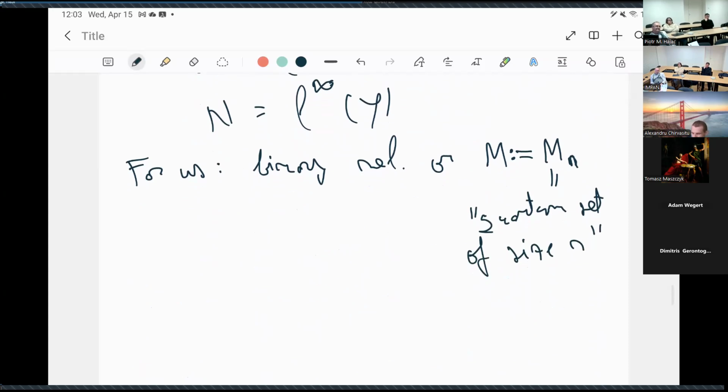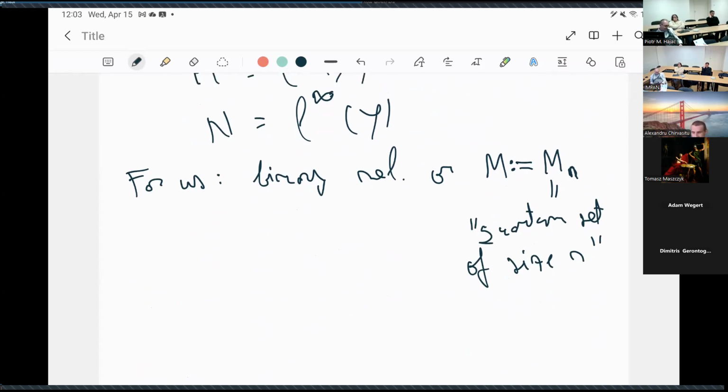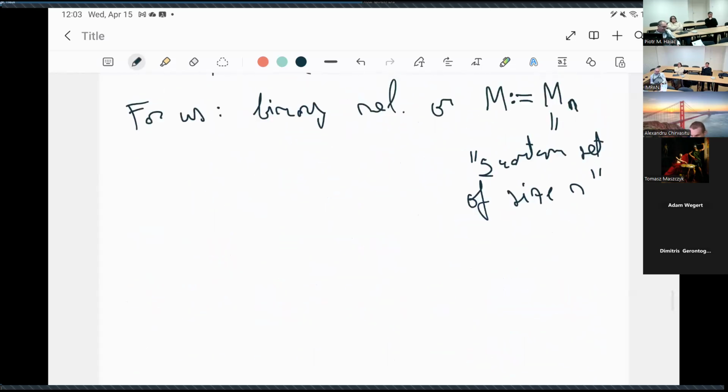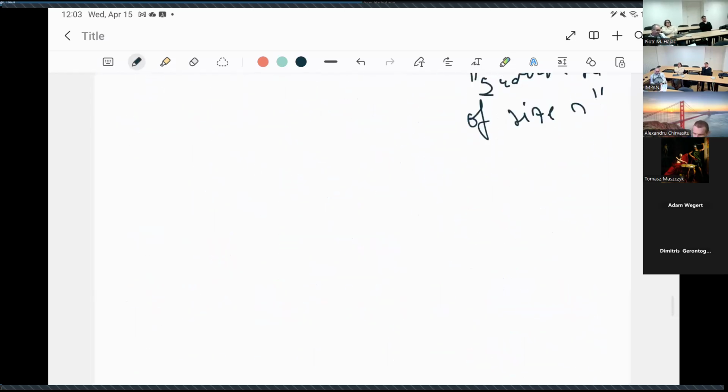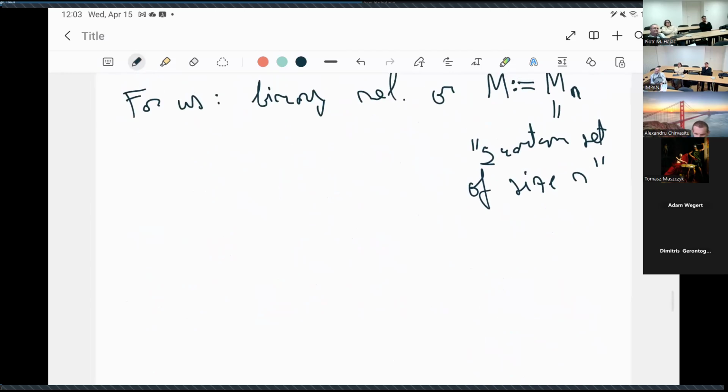Okay, so we want these V's in the context of this Mn. Now you see Mn is already represented by its very nature as sitting inside an L of H. Namely, Mn is L of a specific Cn.